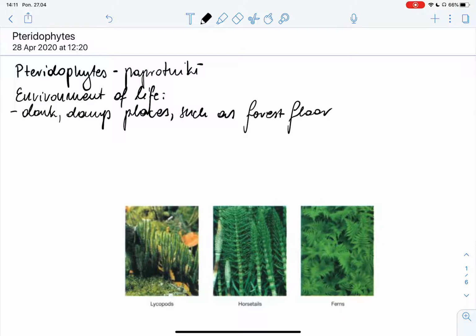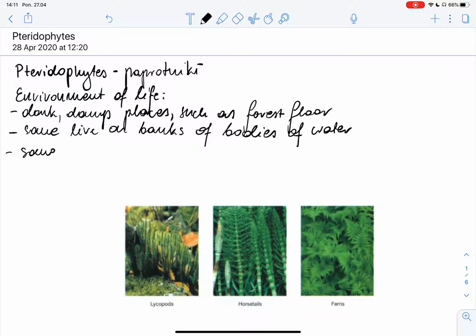Some are also common inhabitants of meadows and farmlands. So some live on banks of bodies of water. Some live on meadows and farmlands.